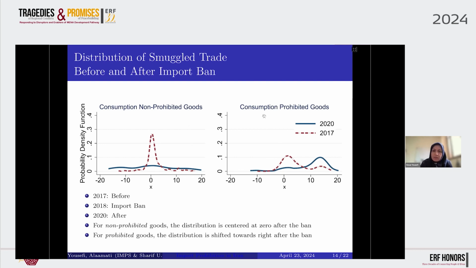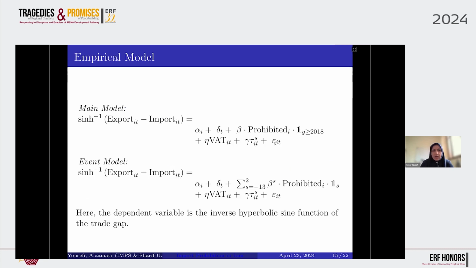But when we look at consumption prohibited goods, those are the treatment group. You can see that the distribution of illegal imports is shifting towards the right, meaning that after the prohibition policy is enforced, on average, we see more illegal importation.